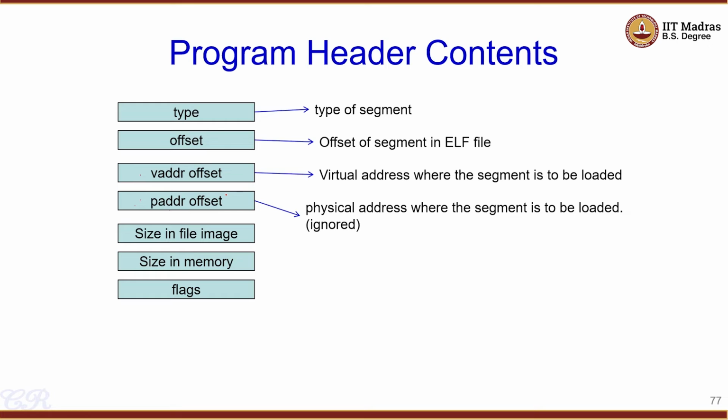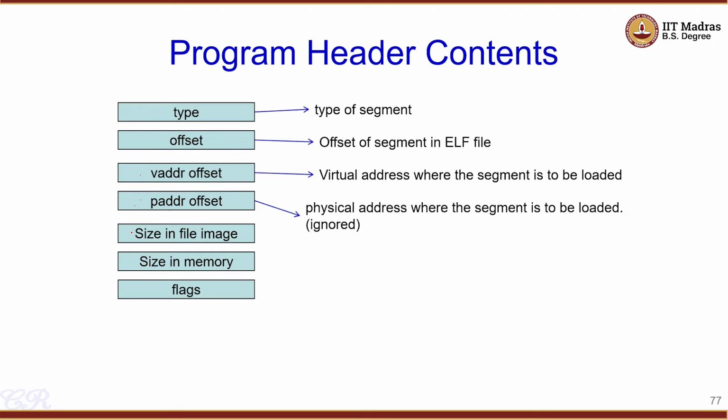It is just ignored. Some embedded systems, for instance, that do not use an OS or a memory management unit, would make use of this physical address offset. But for all our needs, where there is a sophisticated OS present, we ignore the physical address offset field, right?